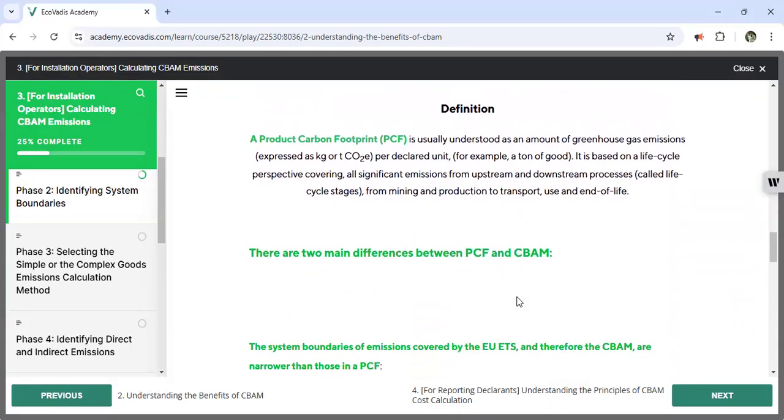Definition: a product carbon footprint, PCF, is usually understood as an amount of greenhouse gas emissions, expressed as kg or t CO2e, per declared unit, for example, a ton of good. It is based on a life cycle perspective covering all significant emissions from upstream and downstream processes, called life cycle stages, from mining and production to transport, use and end of life.